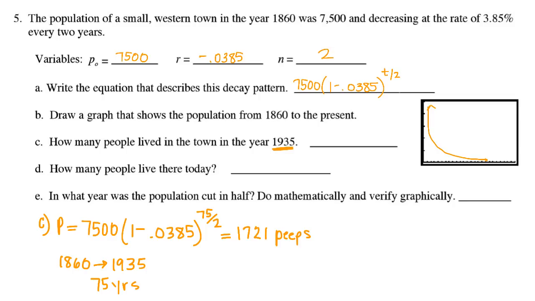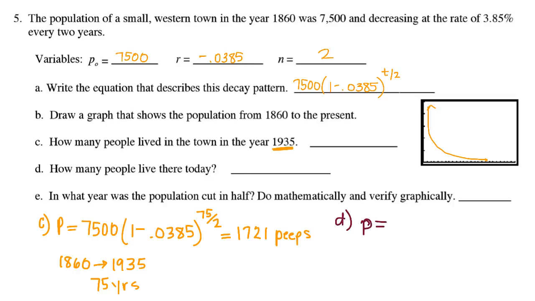So how many people live there today? For part D, first thing again, we need to see what the time frame is that has elapsed from 1860 to today. From 2018 all the way back to 1860 is 158 years. So we would set up again our population. My pen didn't want to write.